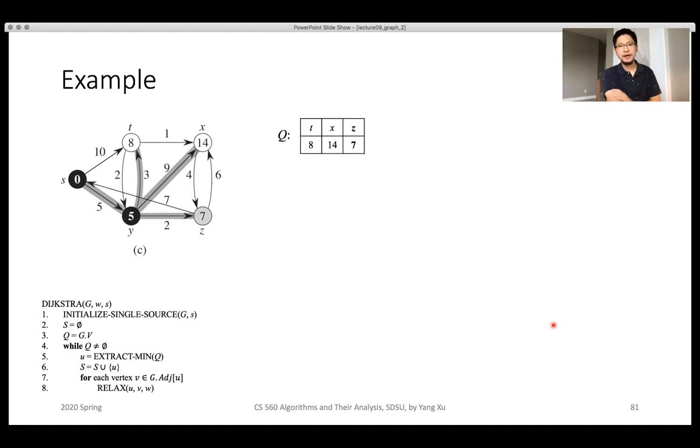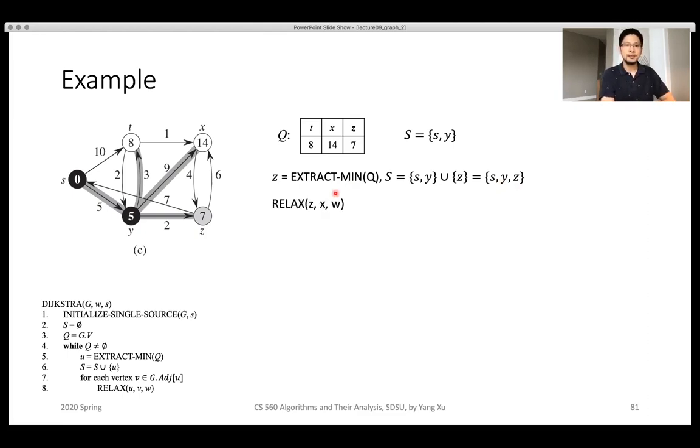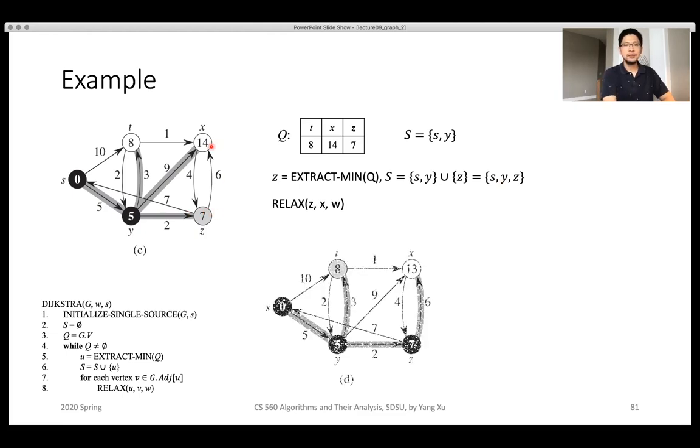After Z is extracted, S will be S, Y, and Z, and we'll relax the edge from Z to X and from Z to S as well.